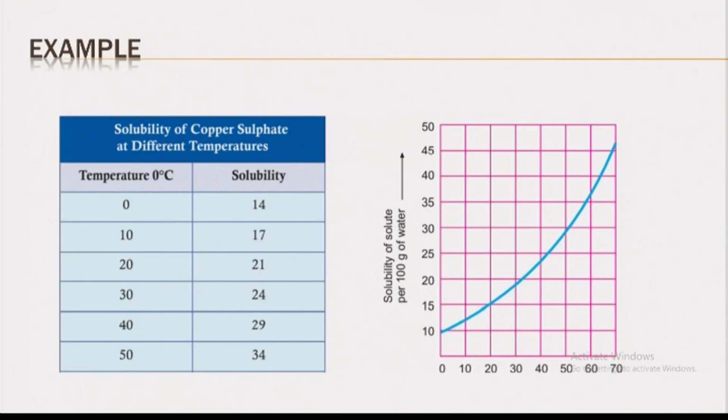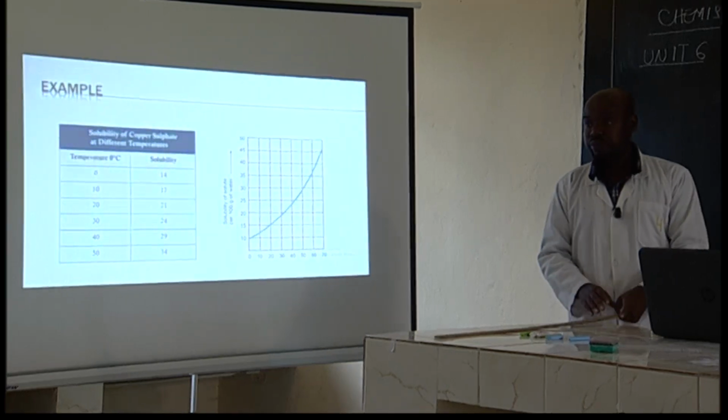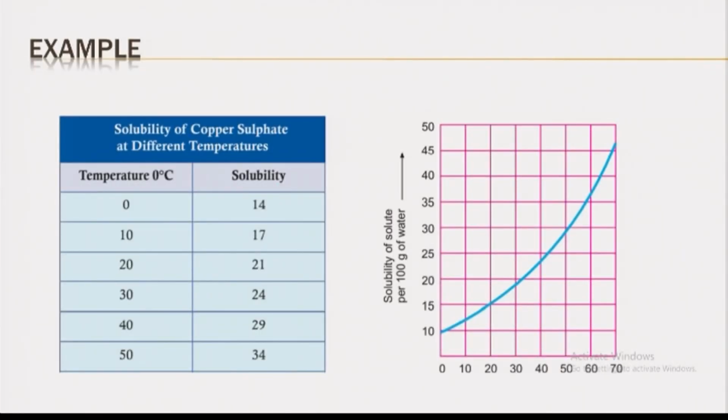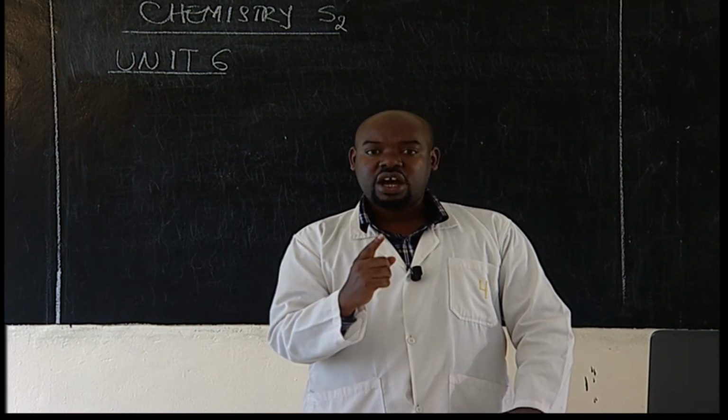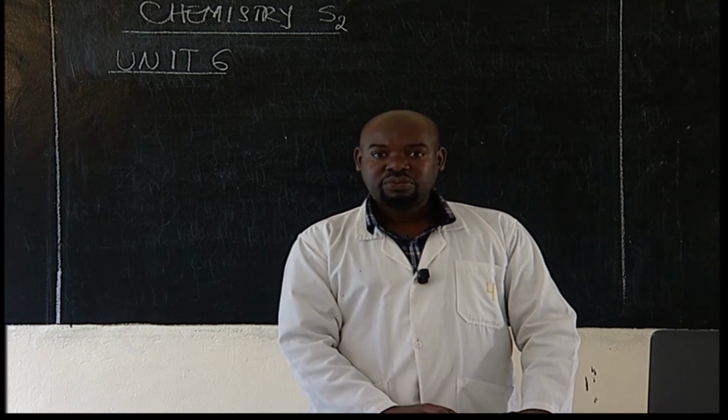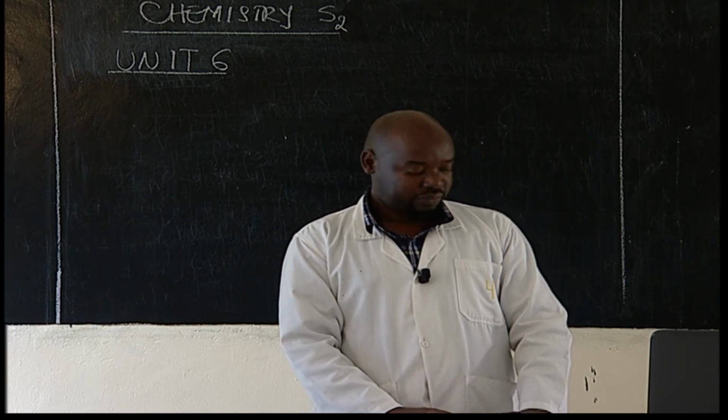You can see that as temperature increases, the values of solubility are also increasing. So the solubility curves can give us a clear evidence that temperature really affects the solubility of solids.